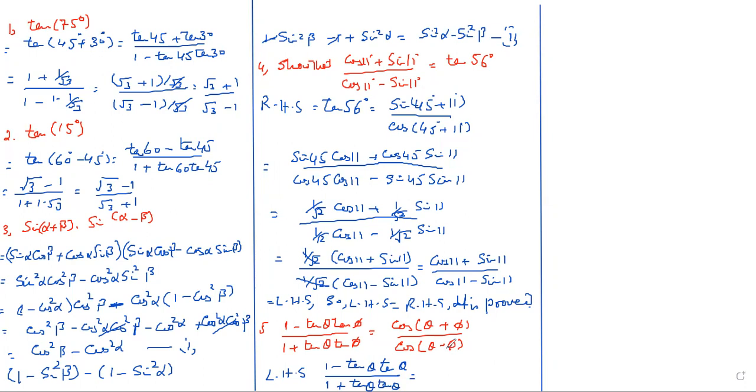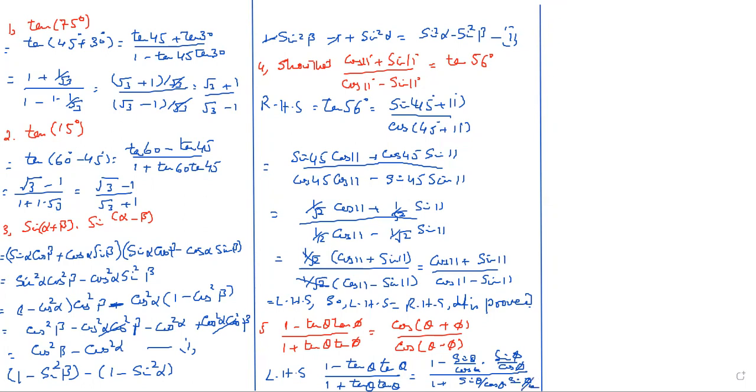Just replacing tangent theta by sine theta over cosine theta, it would be 1 minus sine theta over cosine theta times sine phi over cosine phi, divided by 1 plus sine theta over cosine theta times sine phi over cosine phi.